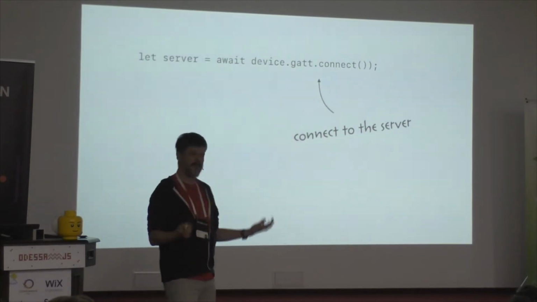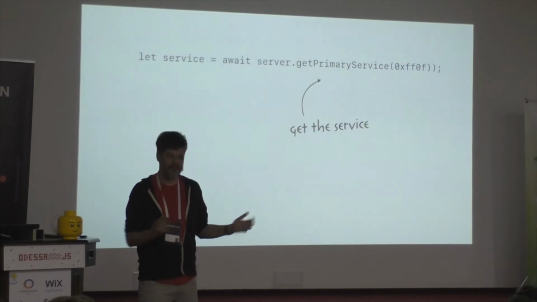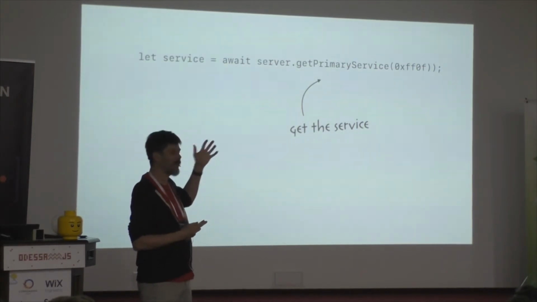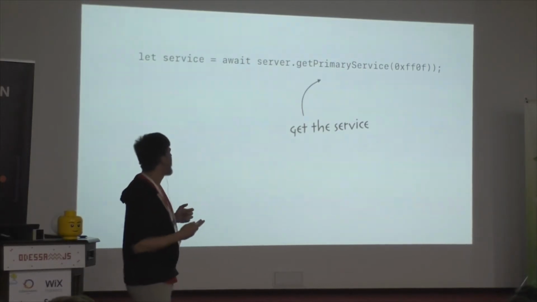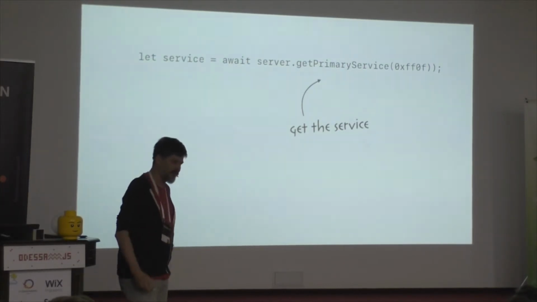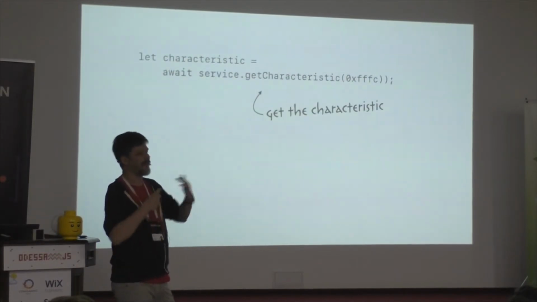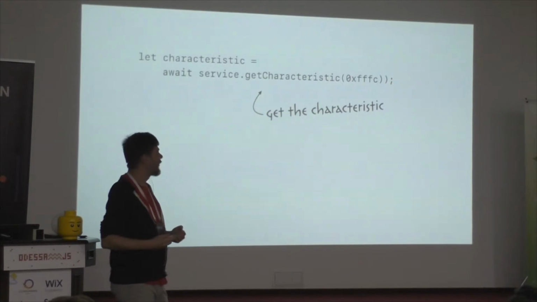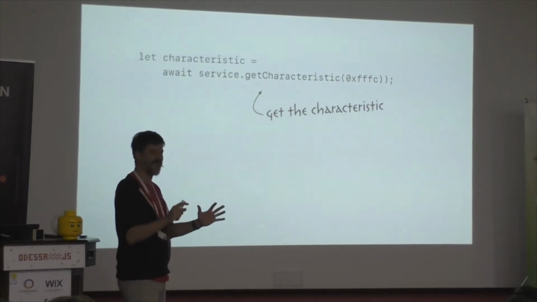So we await our server, and with our server, we can get the primary service. We provide the service UUID again, in this case FF0F, and we await our service. And finally, we get our characteristic, and we await that, and once we have that, we can do stuff with it. Fun stuff, finally.